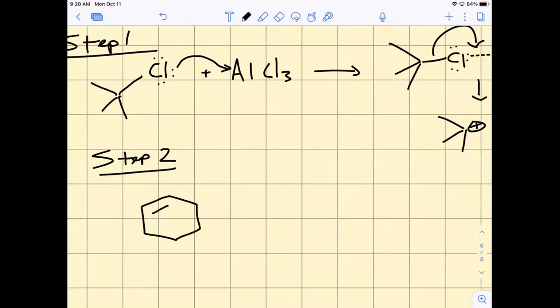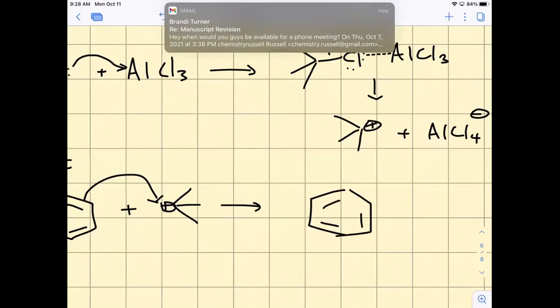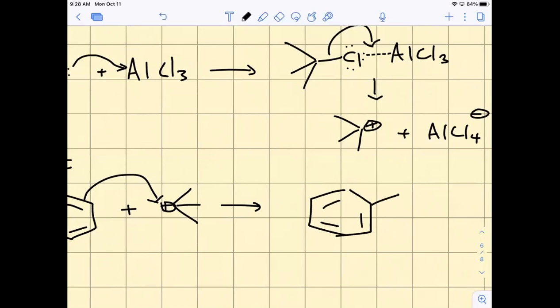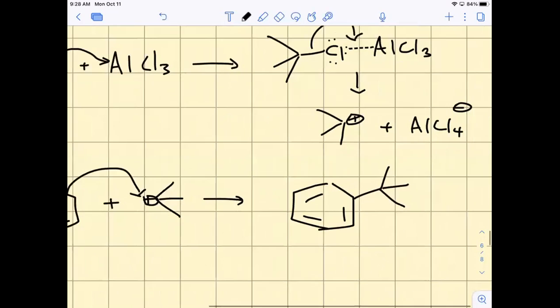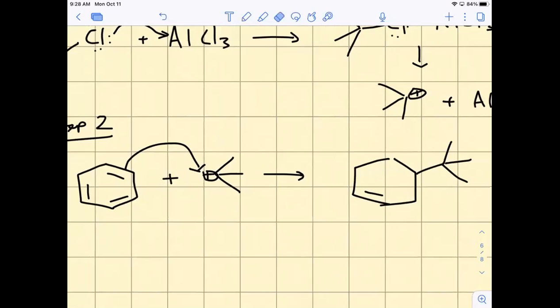And again, because the ring is not substituted, all three of those double bonds in the ring are equally reactive. And I'm gonna turn this way so you can see what happens. This is just gonna come here and attack like that. And then you're gonna get that arenium ion intermediate. I screwed all that up, my bad.